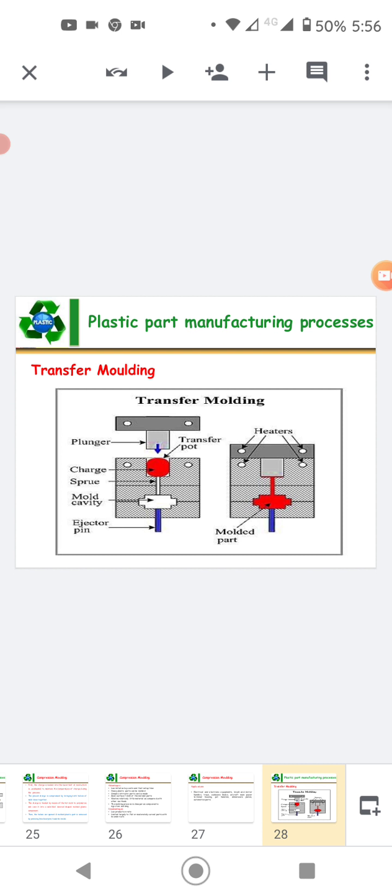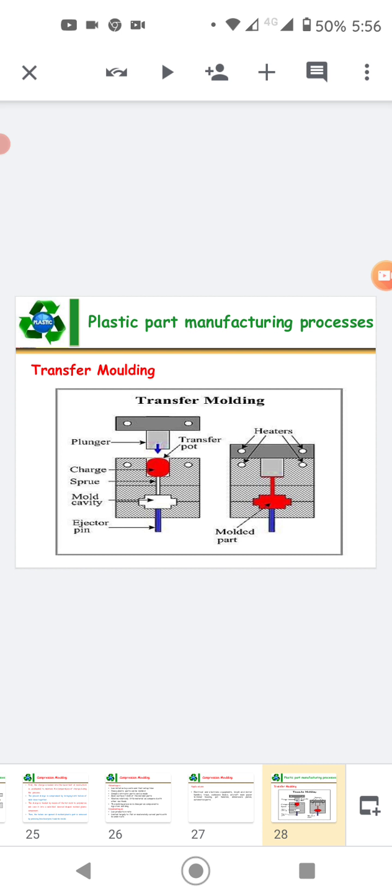In transfer molding, inserts can be used more easily than in compression molding, and finer details may also be achieved. The mold is costly, but more uniform density and high mechanical strength can be obtained in the products.